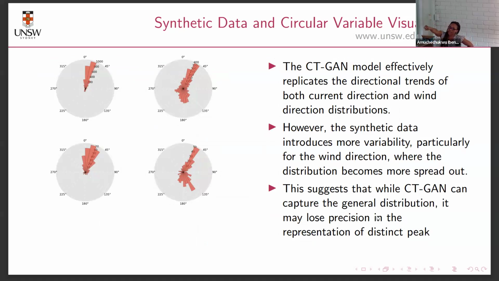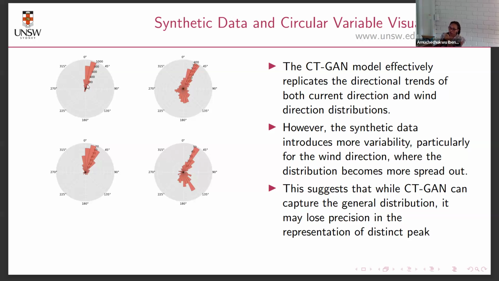This is the distribution of the circular behavior, because that is the most important one. Even though the circular nature is properly captured, you could see that it was able to mimic it. This is the actual, and this is the synthetic.